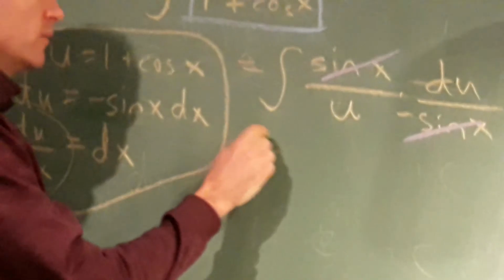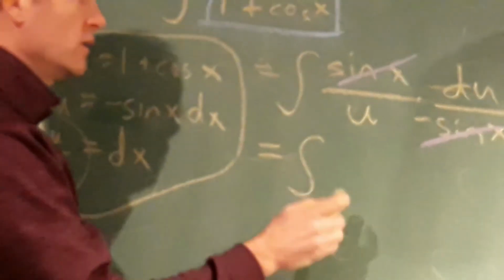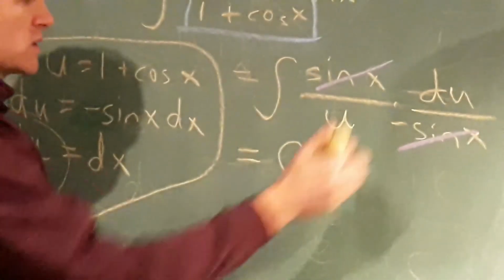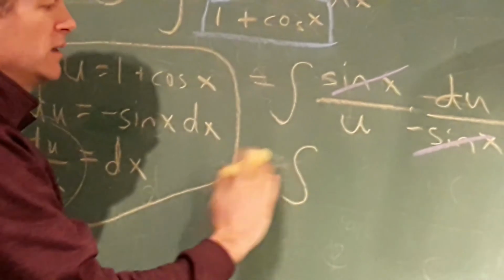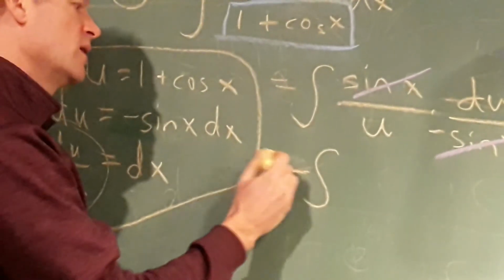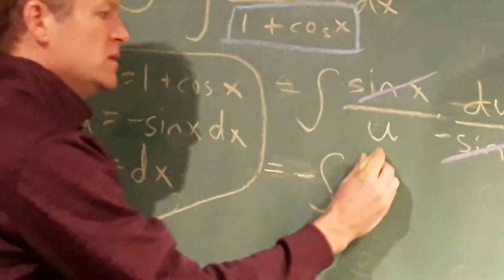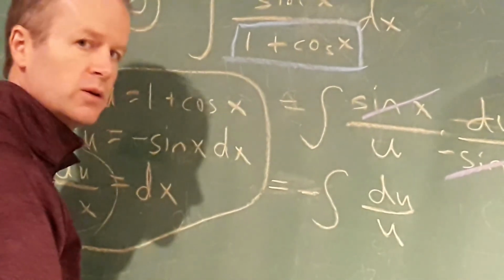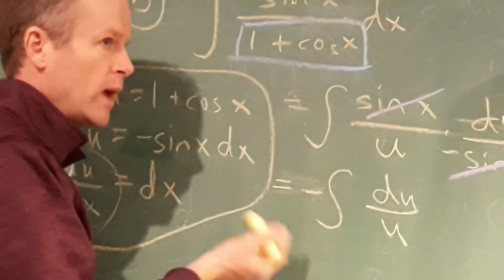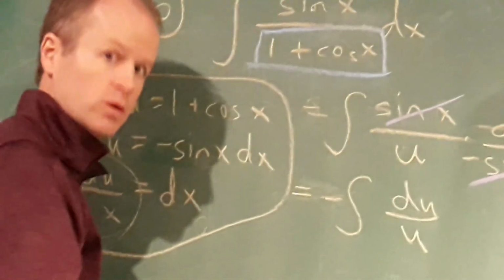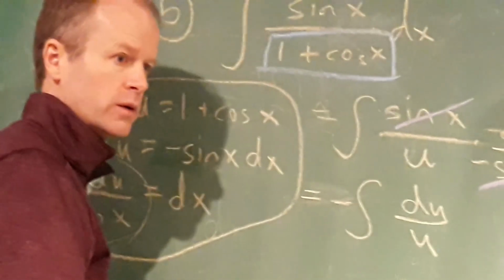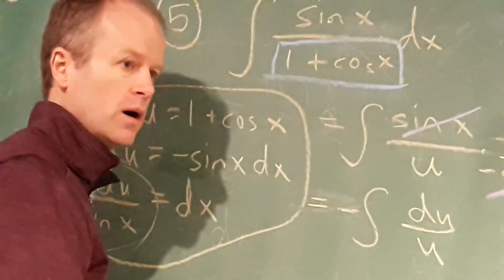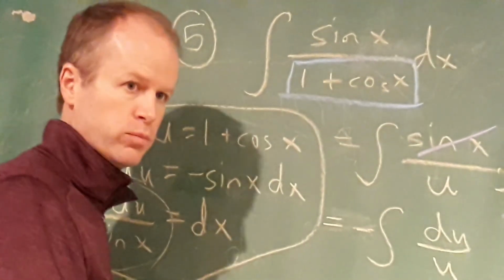That's cool. All right, so this will end up being the integral of, now I have that negative sign, so I'm going to just set the negative out front. It's just like a number. So negative, and then it would be du over u. You might be a little rusty with this, but remember, when I do the derivative of natural log, the derivative of natural log of blah is 1 over blah, d blah.